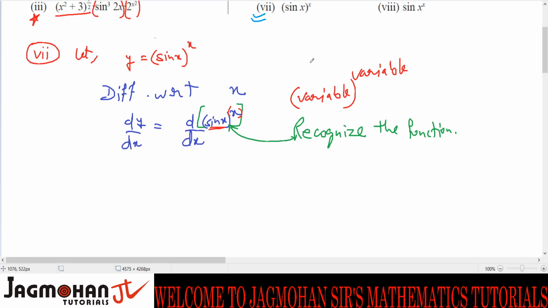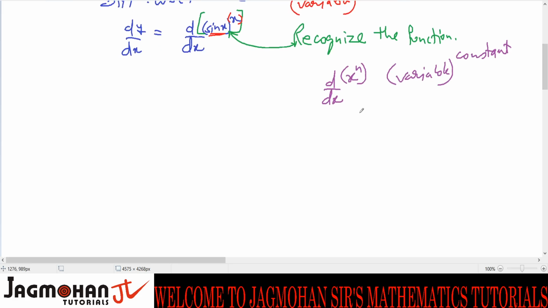What I am trying to tell you is, we have had the derivative of d by dx of x raised to n, which was variable raised to constant. I know the derivative of variable raised to constant, x raised to n. It was nx raised to n minus 1. Then we had the derivative of d by dx of a raised to x, which is constant raised to variable. I know that too.